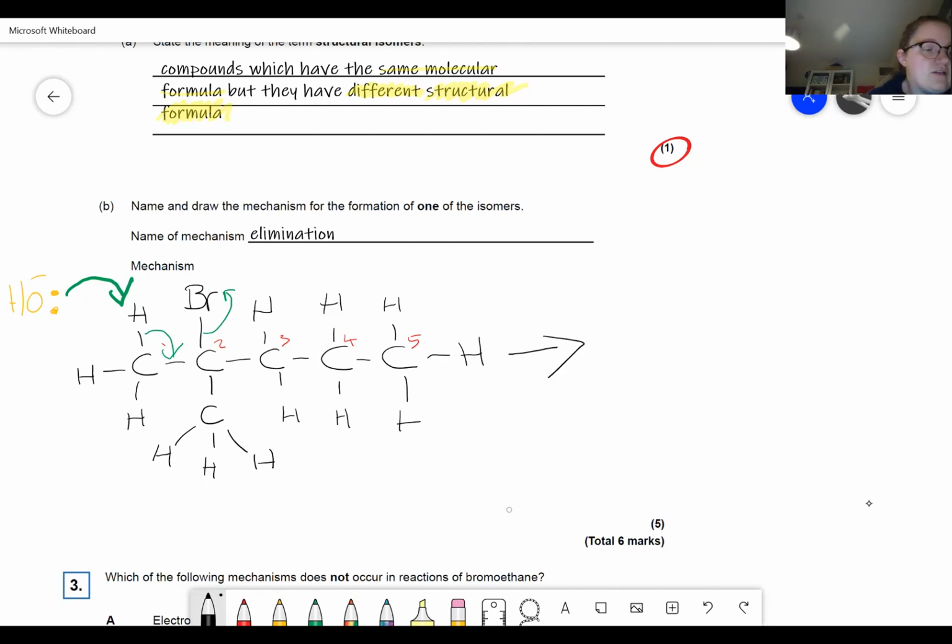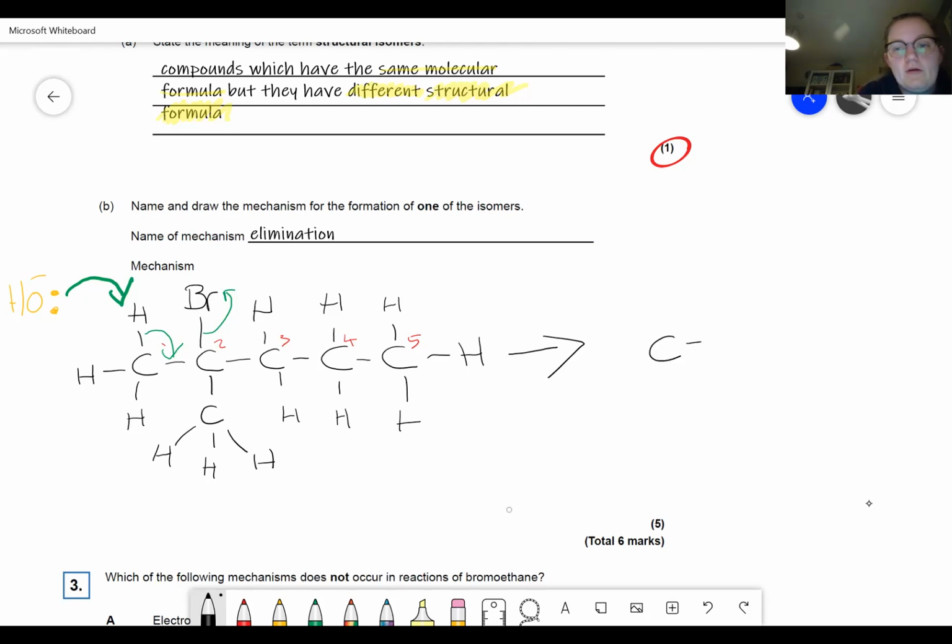Now it only asks us to show the name and draw the mechanism for formation of one of the isomers. We actually need to show one of the isomers that's formed at the end. We don't also have to show the bromide ion, and we don't need to show the water either. So then we just need to show the isomer. What would form from this is, at the carbon and the carbon, we're going to get that double bond forming here.